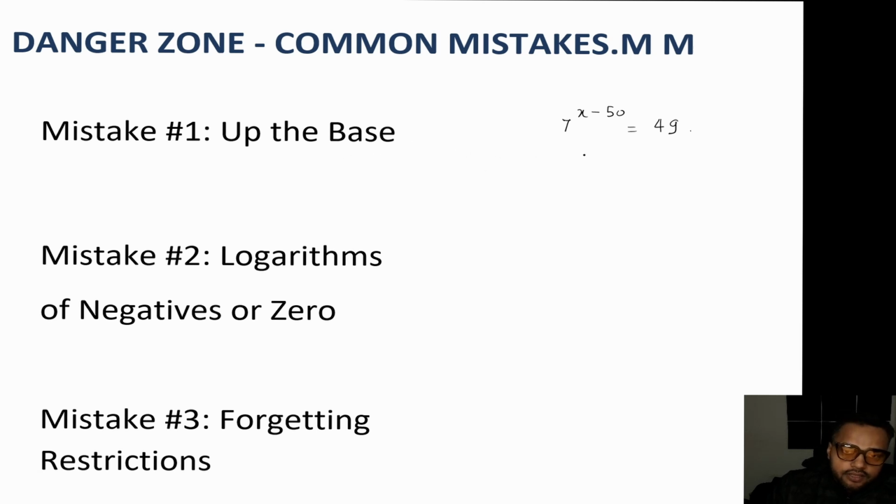We have 7 raised to the power x negative 50 equals 49. So how could we rewrite this form? Remember, the equation which we have learned before was log of n to base a will be equal to x. So from here we can say a raised to the power x equals n. Okay, this we have learned before.